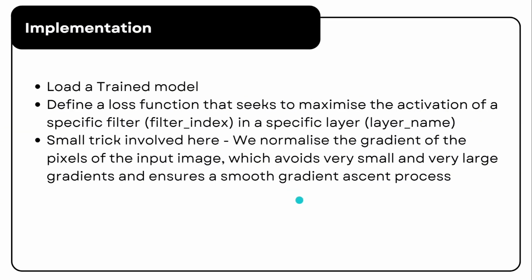All right. So we need to load a trained model, one that we've already trained beforehand. And once that's in place, the next step is to define the loss function that aims to maximize the activation of a specific filter within a specific layer. For that, we provide the filter index and the layer name as inputs.